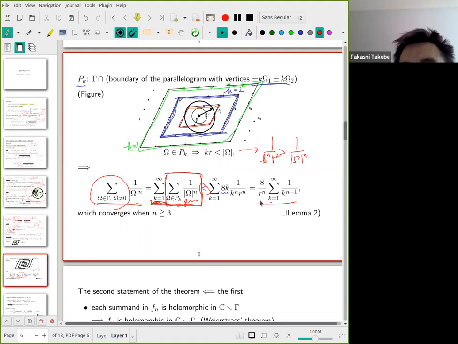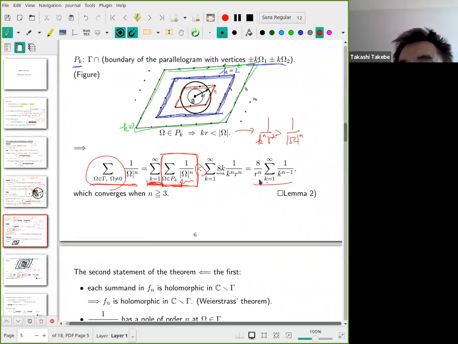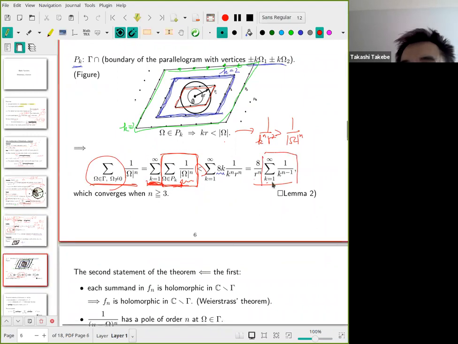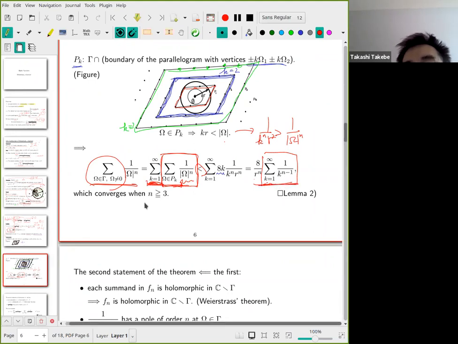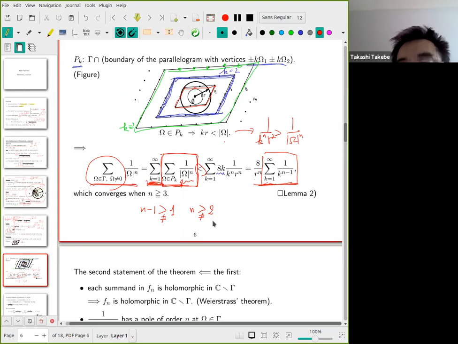Recall that r is fixed here, and n is also constant. And we have the sum over k. Such a sum converges when n minus 1 is strictly larger than 1, namely n is strictly larger than 2.